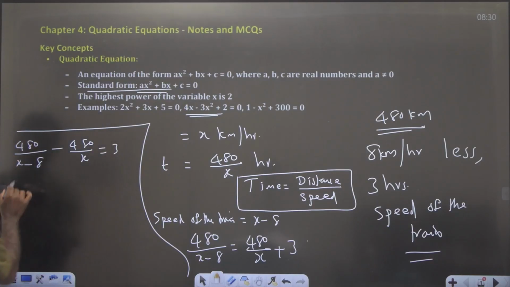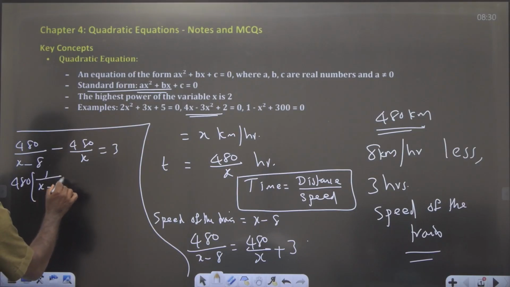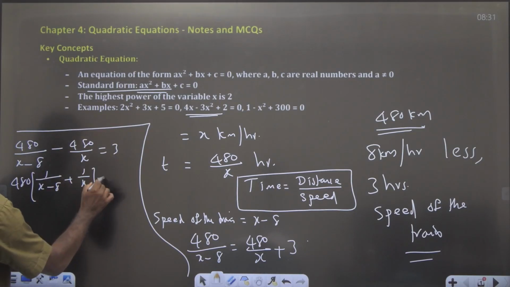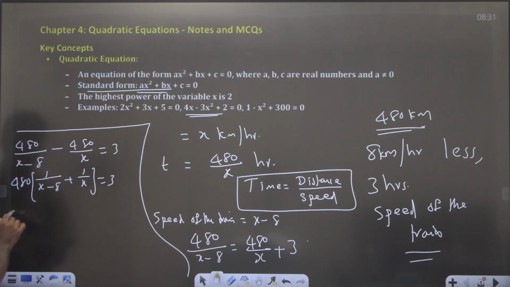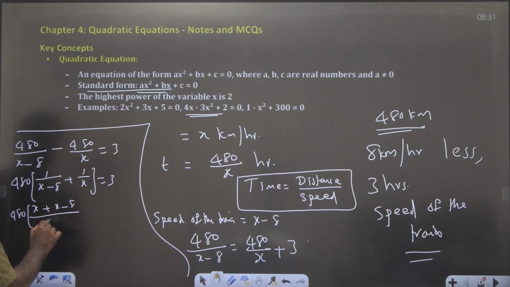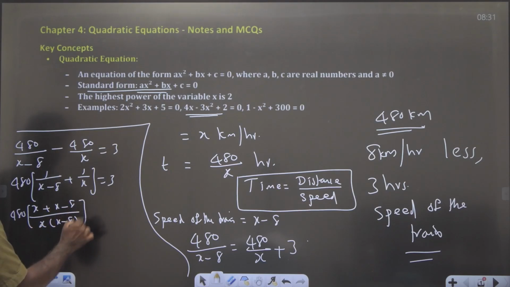Here 480 is the common factor. 480 into 1 by x minus 8 minus 1 by x equal to 3. We can simplify: 480 into x minus (x minus 8) by the LCM x into x minus 8 is equal to 3.